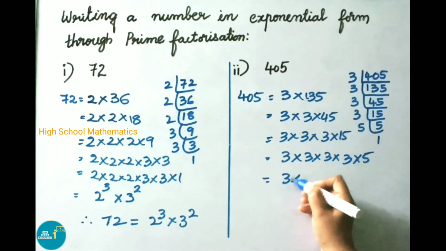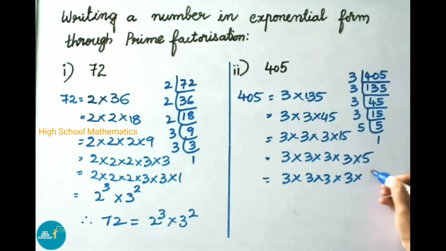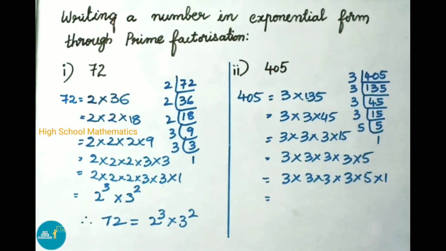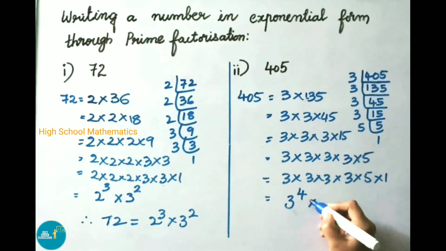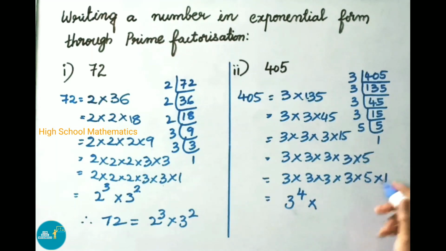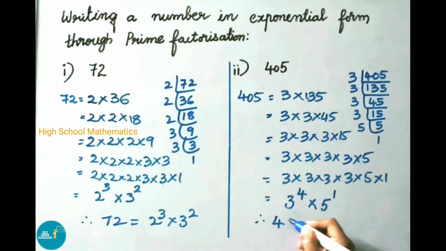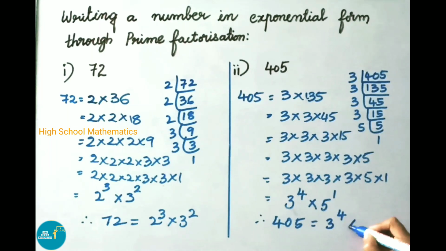That equals 3 into 3 into 3 into 3 into 5, written as 5 1s are 5. Here 3 is multiplied 4 times. So in exponential form it is 3 power 4 into 5, written only one time, so 5 power 1. Therefore 405 in exponential form through prime factorization is 3 power 4 into 5 power 1.